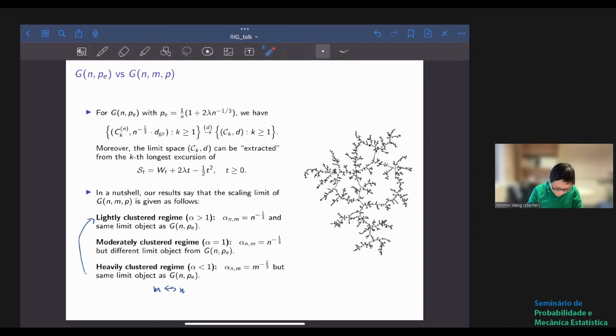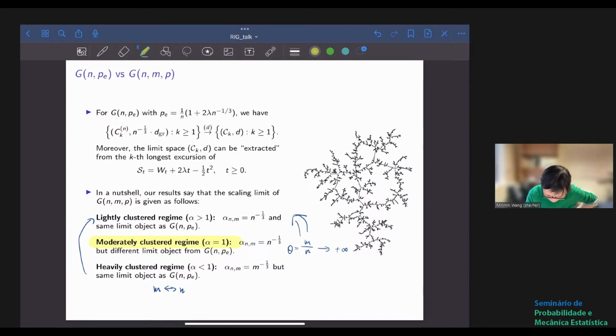Now let's look at the moderately clustered regime. Here you have a parameter theta, which is the ratio between M and N. At least formally, if you let this ratio go to infinity, then you should recover the lightly clustered regime. So we only need to concentrate on the moderately clustered regime, and we can recover the two other cases by taking theta to different limits.